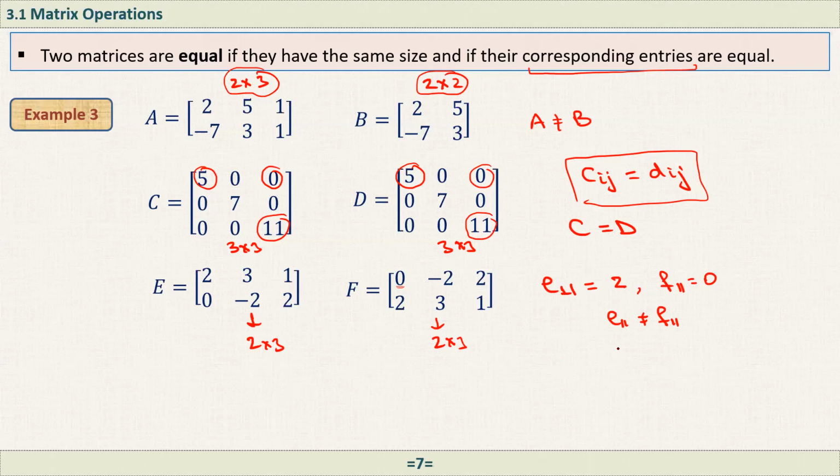That means that here, matrix E is not equal to matrix F. You may see that, okay, 2, 3, 1, 2, 3, 1. 0, negative 2, 2, 0, negative 2, 2. Okay, actually they look the same, but they are not corresponding to each other. I mean, those corresponding entries are not equal, right? So that's why these two matrices are not equal to each other.